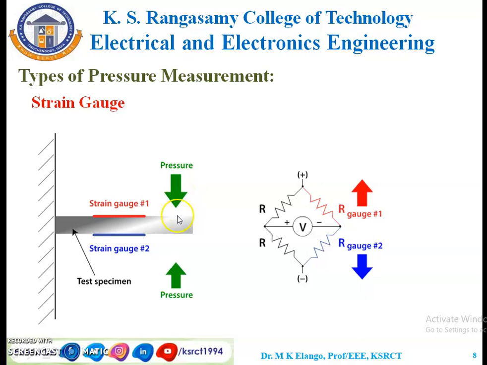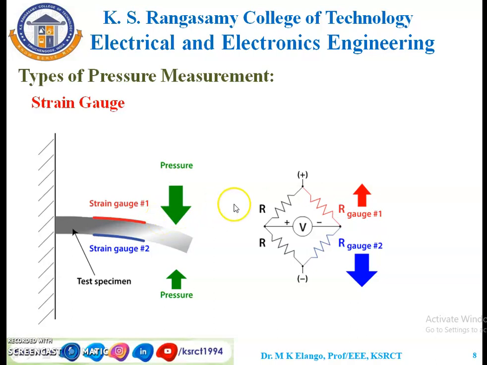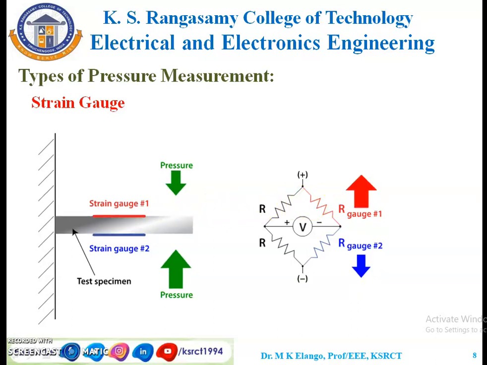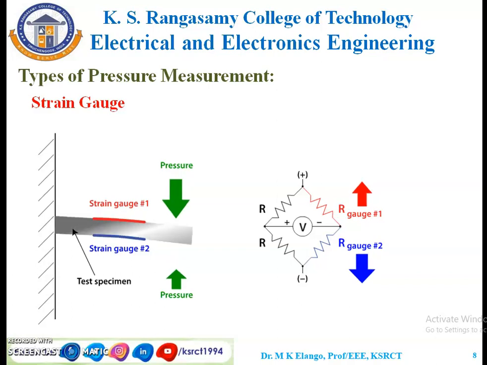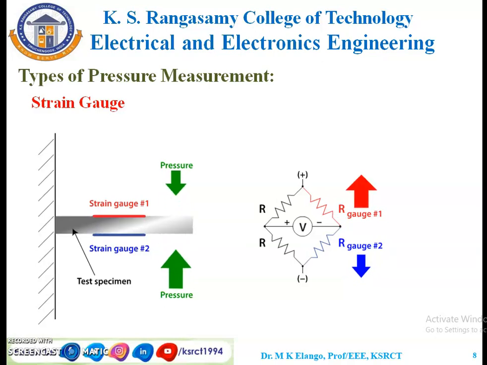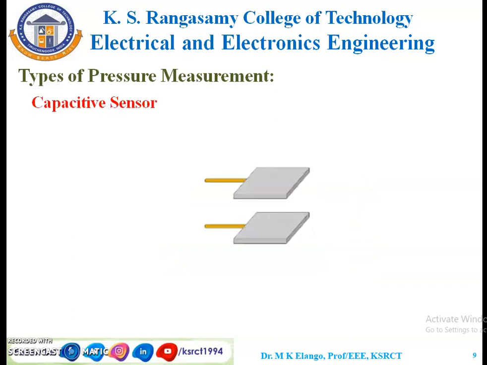By means of the strain, the resistance connected with the circuit is going to change, and with the help of a Wheatstone bridge, easily we can measure the value of the resistance. The change of resistance is directly proportional to how much pressure we applied. This is the basic principle of the strain gauge, which is used to measure pressure.